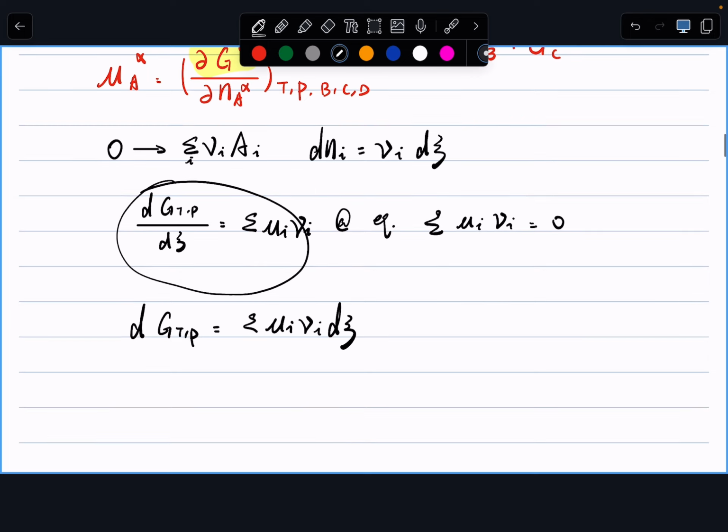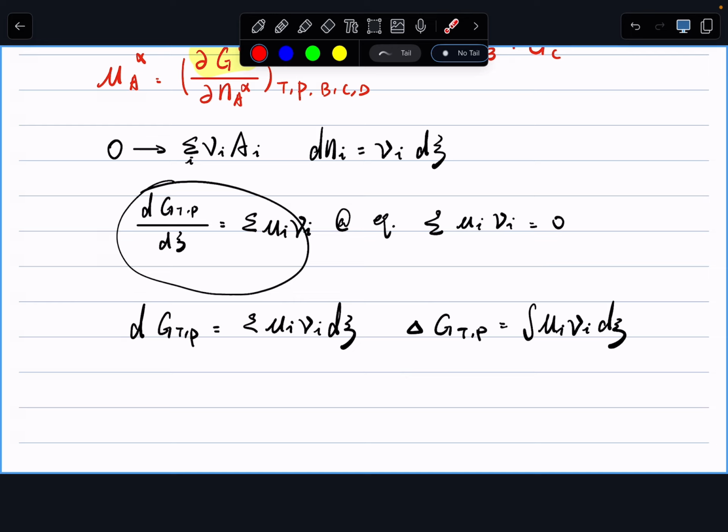The other way to put it is that delta G at constant T, P directly tells us the direction of our reaction, or the extent of our reaction. This is the link we're trying to make. The reason we care about the Gibbs free energy of the reaction is that it tells us where the equilibrium shifts.